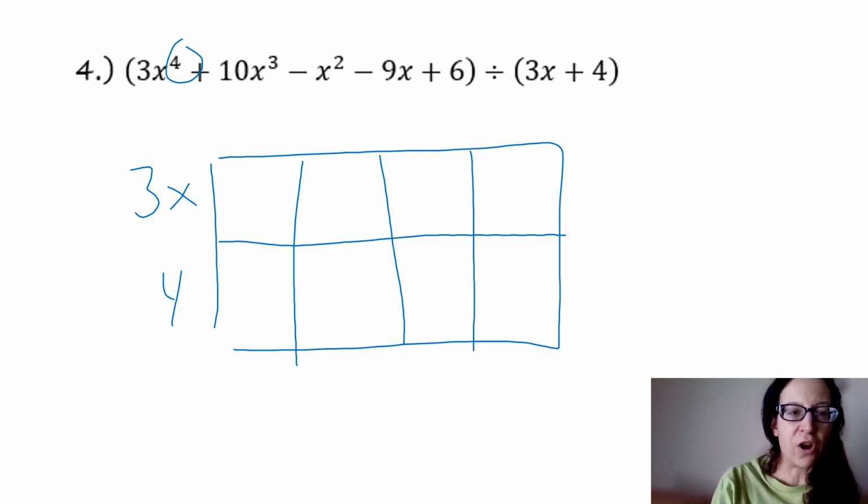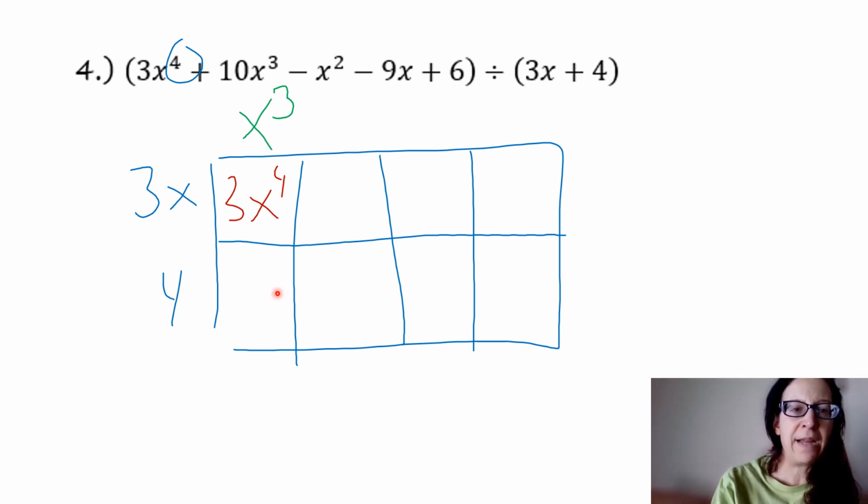And then we start with our 3x to the fourth right here. And we ask ourselves, what times 3x would give us 3x to the fourth? Well, I got the 3 taken care of. Now I have 1x. In order to get 4 x's, I will need 3 more. So this must be x to the third.